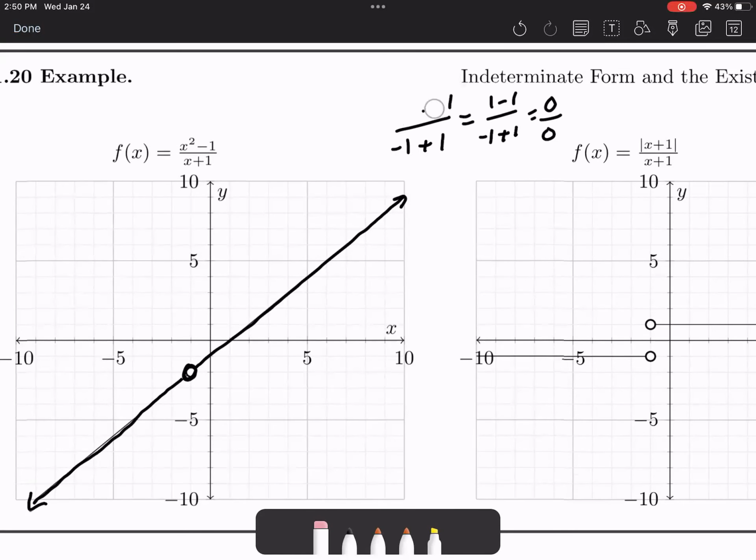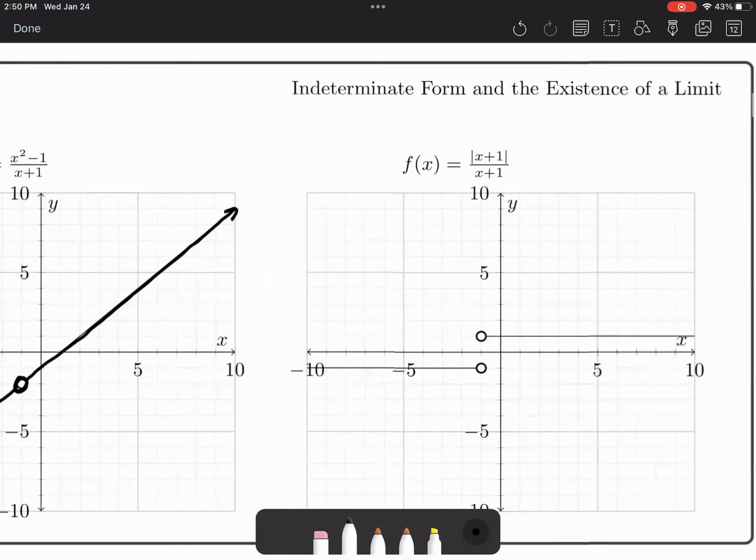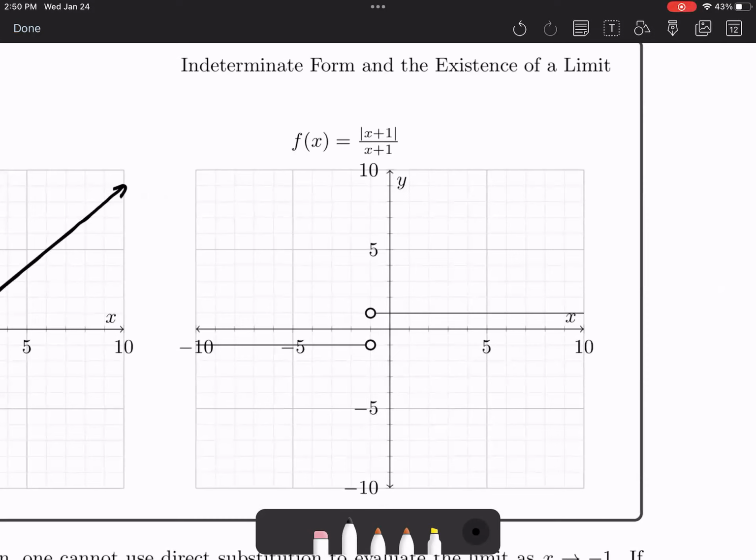Let's look at the other function, which gives us the same indeterminate form, 0 over 0, but here the limit does not exist. If we attempted to take the limit, again, this function is perfectly fine everywhere except when x is equal to -1. So this is the only interesting part of the graph.